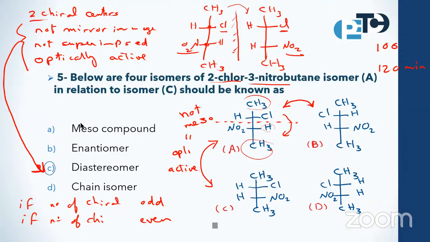So we have 2 rules. The first rule, if we have an odd number of chiral centers, like 1 chiral center or 3 chiral centers or 5 and so on, directly the compound is optically active. There is no need for checking if it is a meso compound or not. Okay?